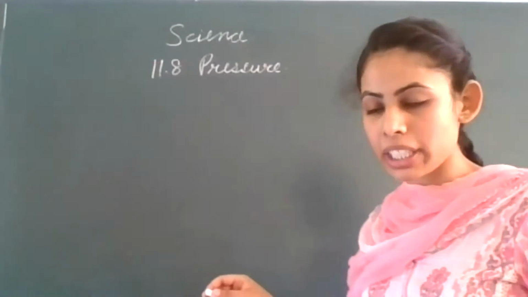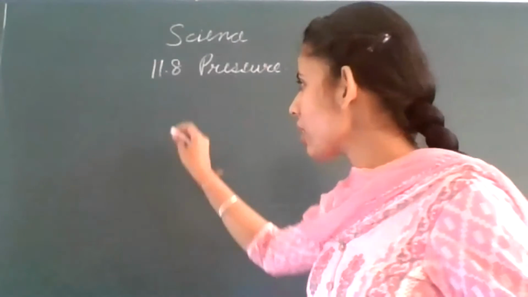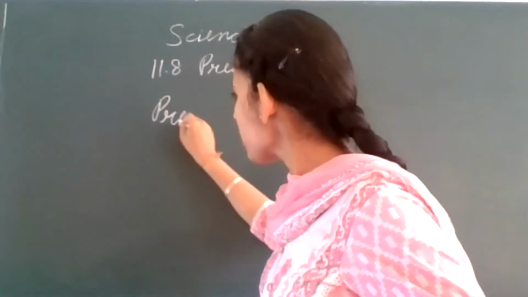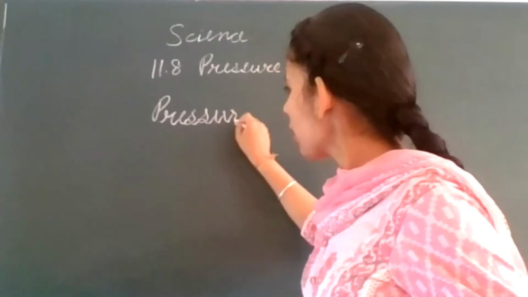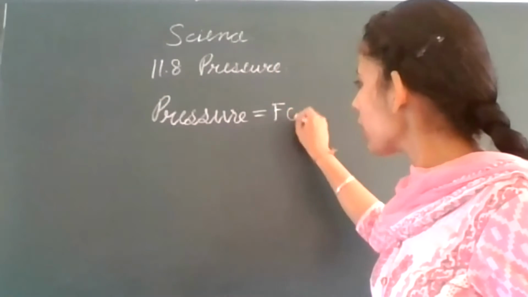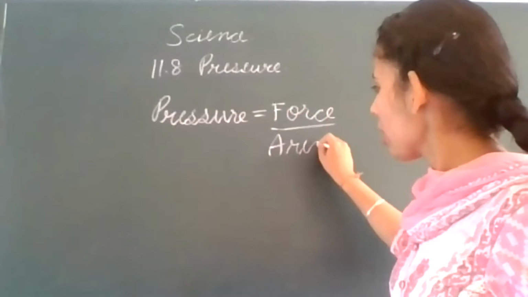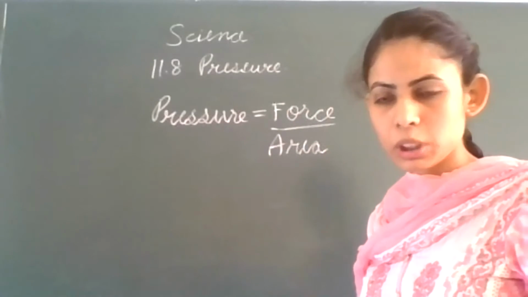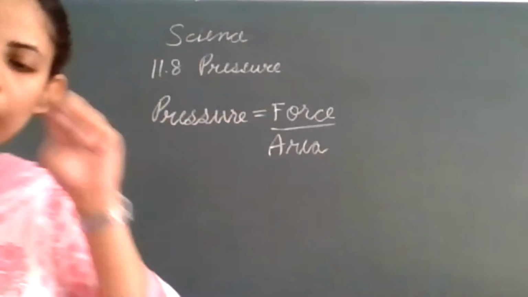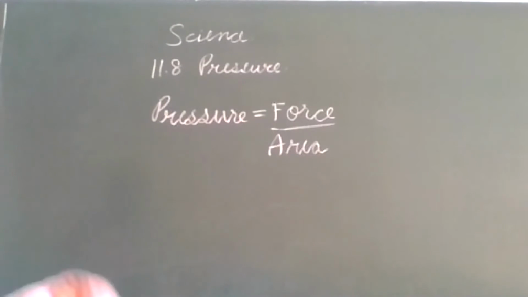So the pressure is related to the force and area both. And how is it related? Pressure can be defined as the force per unit area. It is written in your book also in bold at the top of the page.